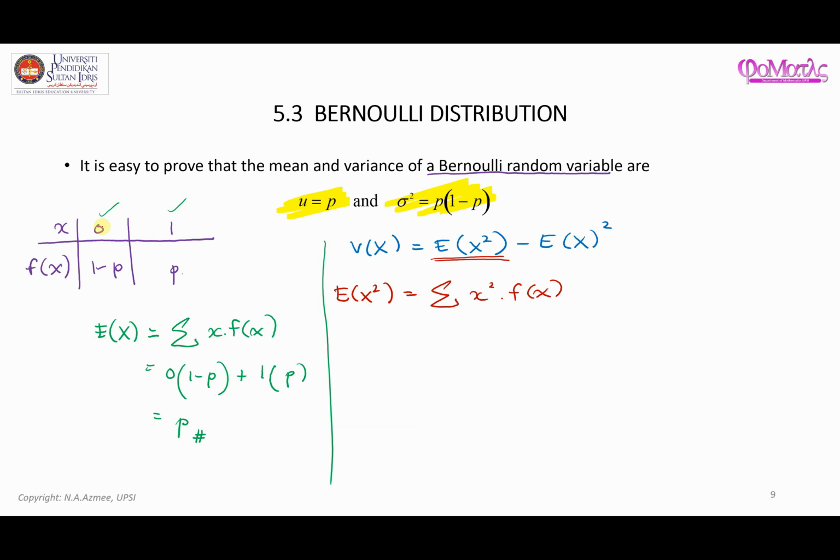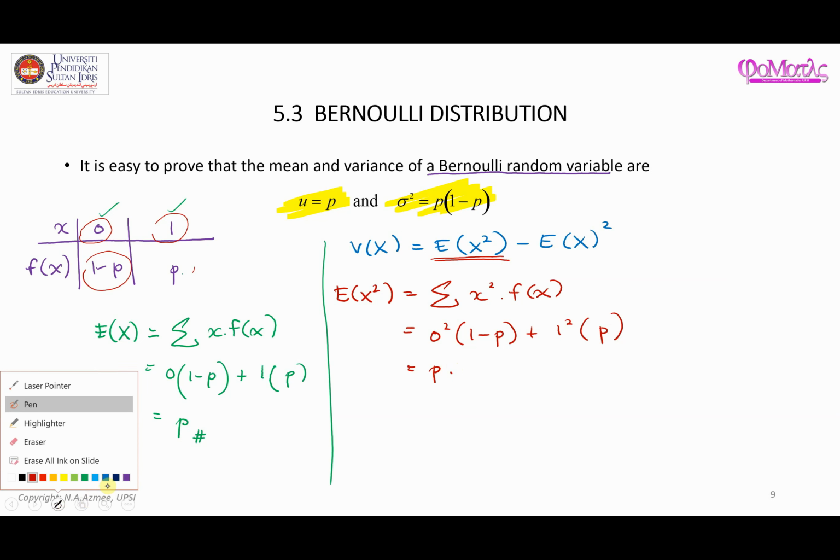What it means is we consider squaring each value of x. This value will be squared and multiplied with its probability, and then you add it to this one, which is squared and multiplied with its probability as well. So what we have is 0 squared times 1 minus p, plus 1 squared times p. The result is going to be equal to p.